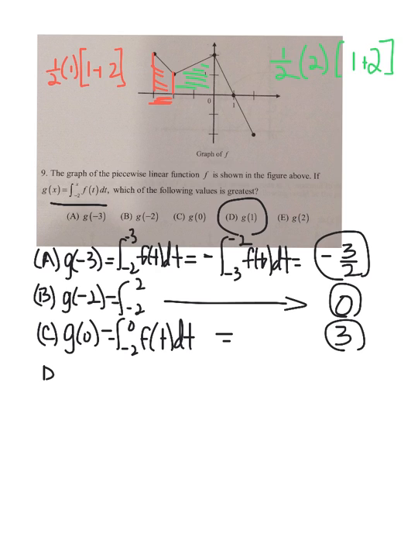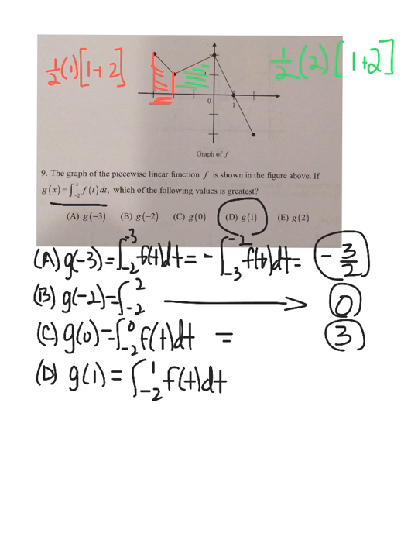All right, let's go to D. And again, not that any of this is hard. It's annoying, yes, but not hard. We want g of 1, so we want the integral from negative 2 to 1 of f of t dt. This one, we're actually doing what we just did in green plus this triangle right here on the right-hand side. So I'm going to also keep that in green.